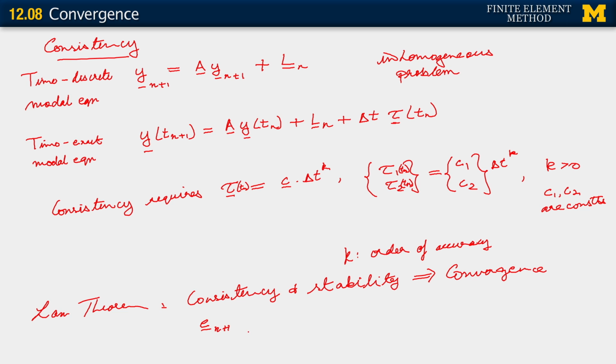E again is a 2 vector, because we're looking at the error in the displacement and the velocity for every mode.